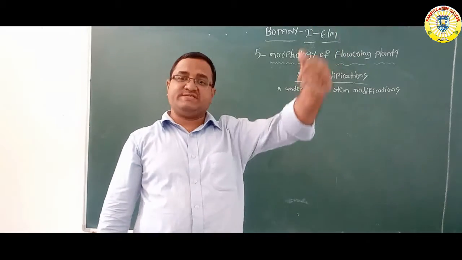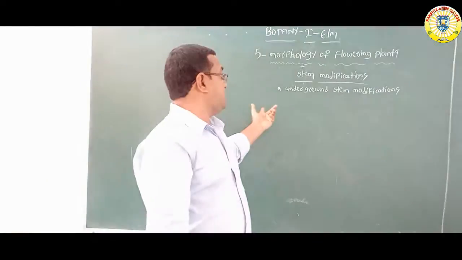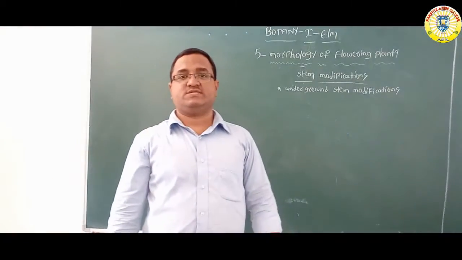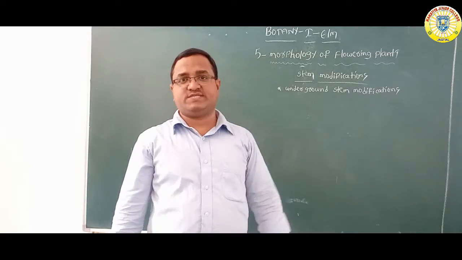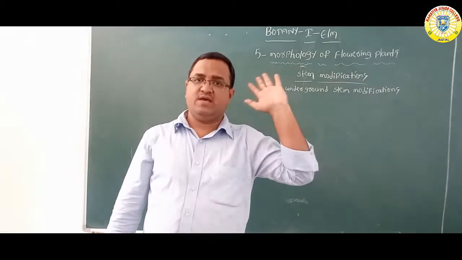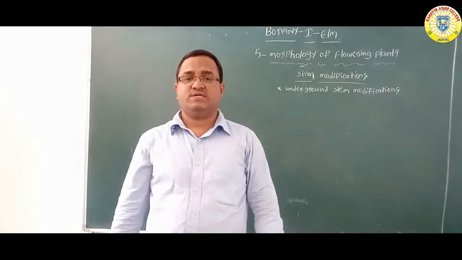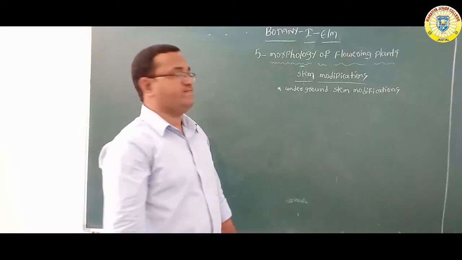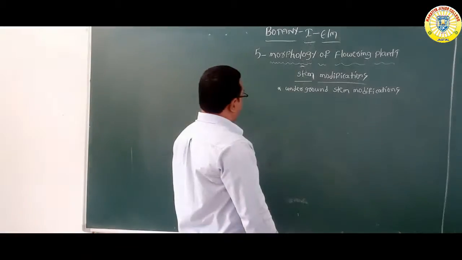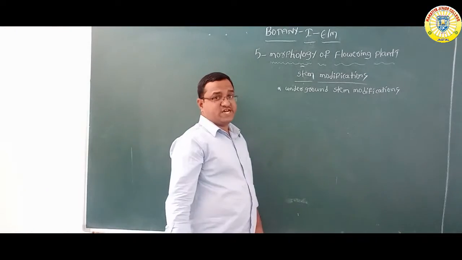The stems which grow inside the soil are called underground stem modifications. They grow inside the soil for the purpose of storing food. Here you can see, but what are the underground stem modifications?